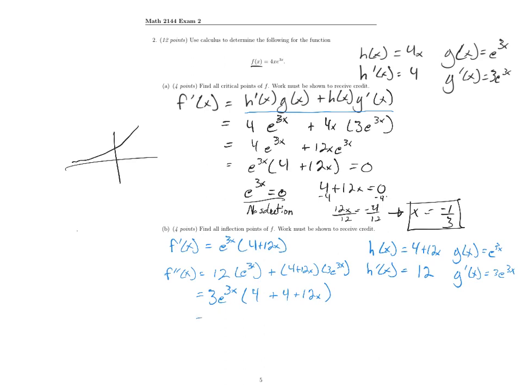So then I can rewrite this one more time, slightly simpler: 3e to the 3x times 8 plus 12x. So once again, I'm going to set this equal to 0. And note that 3e to the 3x equaling 0 has, once again, no solutions.